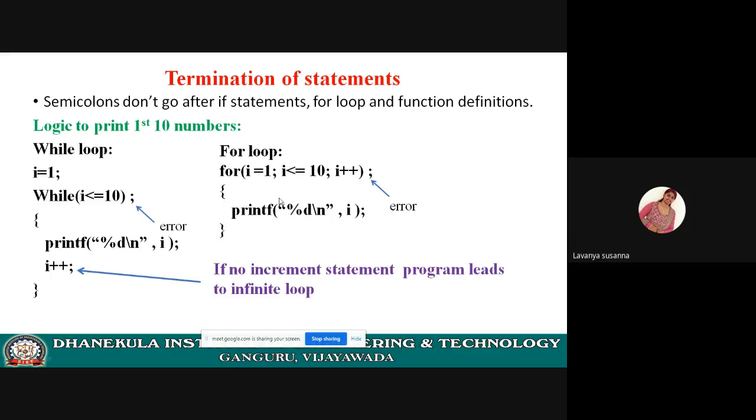In a function definition, you should not use semicolons. See the PPT, see the arrow marks. If you use a semicolon, the compiler will generate an error. These are also most common mistakes done by the students.